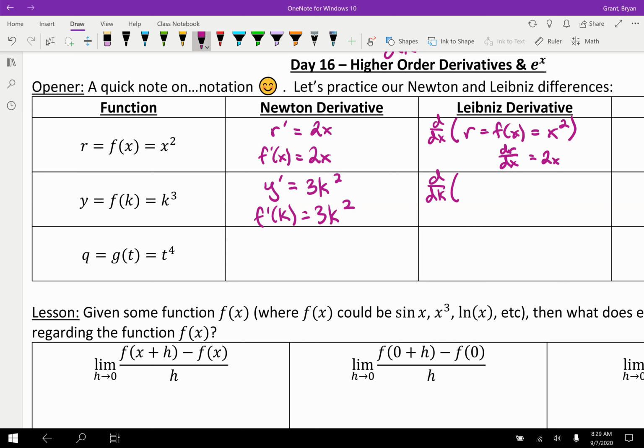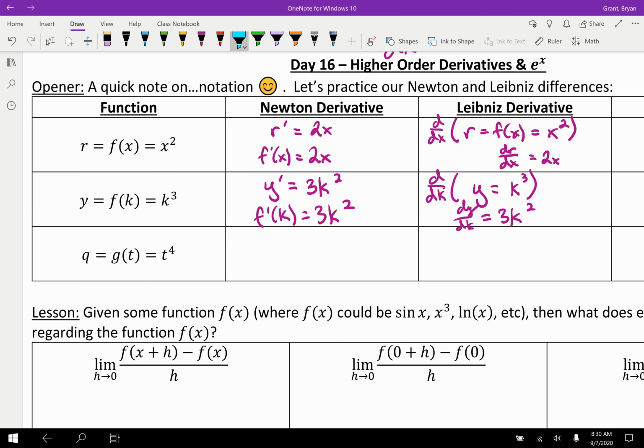So this is going to be d/dk of y equals k cubed. And so this is going to become dy/dk equals 3k squared. Okay? So we're showing the derivative of the equation called y with respect to k is 3k squared.